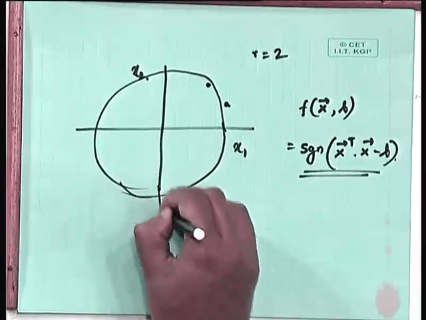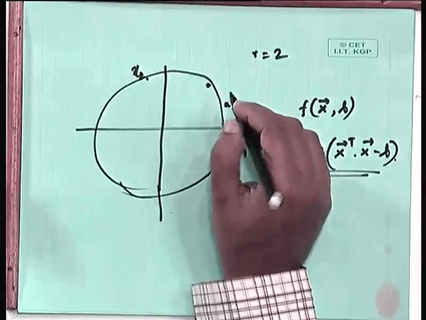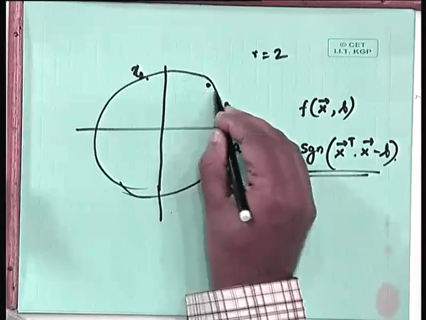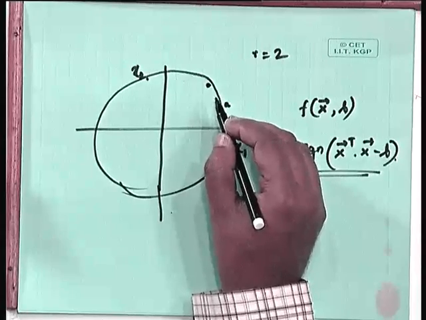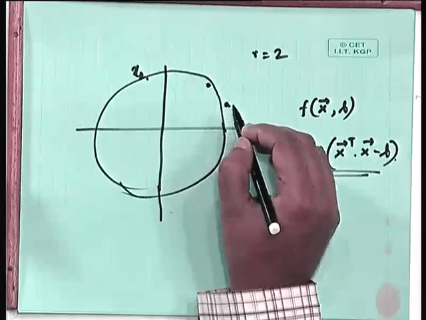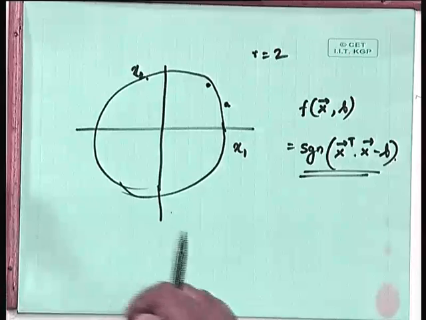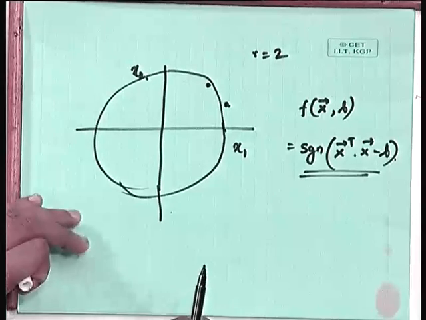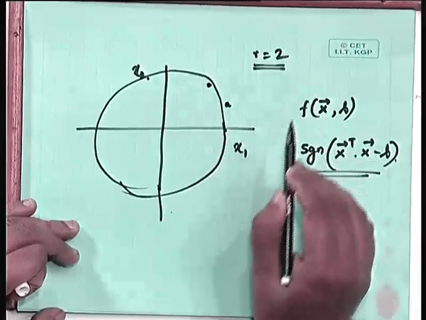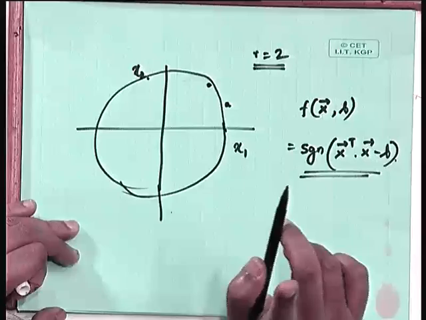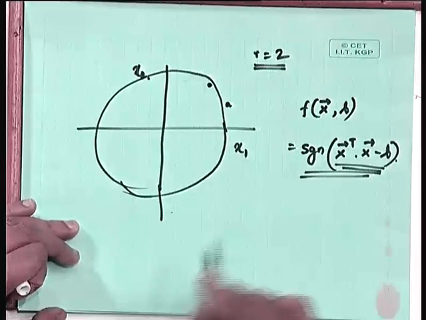Again, for these 2 points, if I want both to be plus 1 or both to be minus 1, then I cannot separate them using these. Here you see that for just 2 points, the quadratic function is unable to separate them.